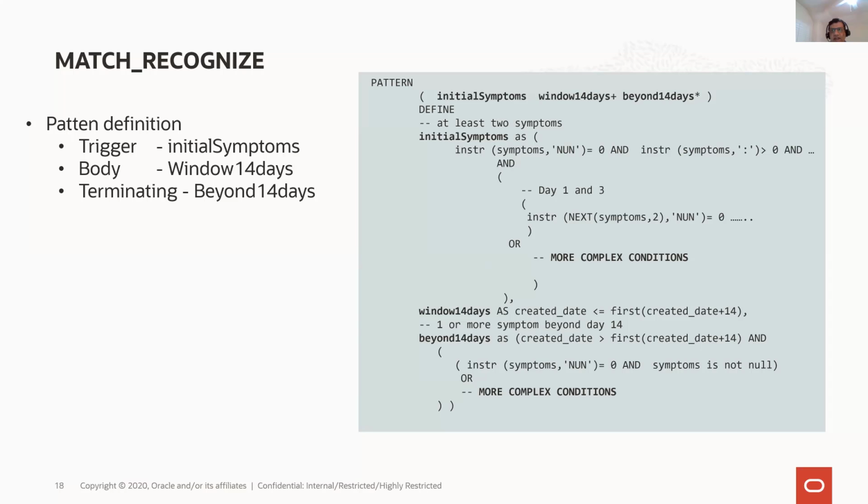And lastly, we continued tracking the symptoms for more than 14 days, marked by the star here. They were arranged again in the pattern clause. The moment you find initial symptoms, a window of 14 days, and anything beyond 14 days, then regex would return those sets of rows.